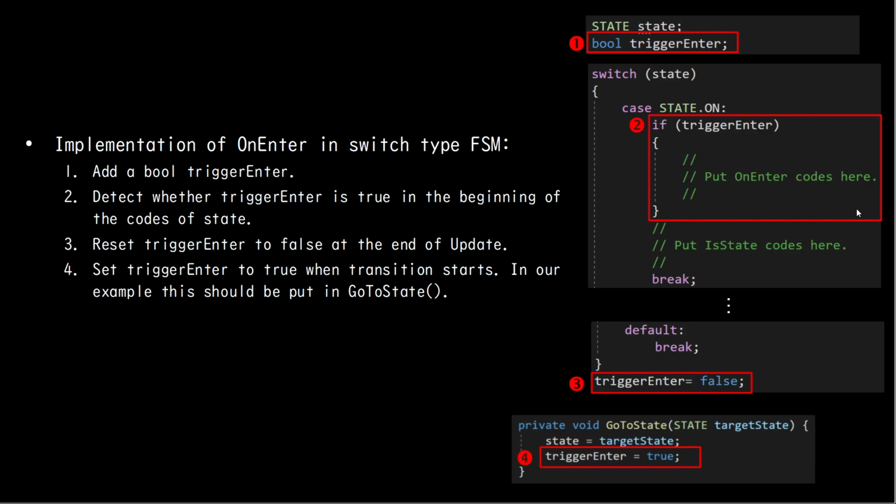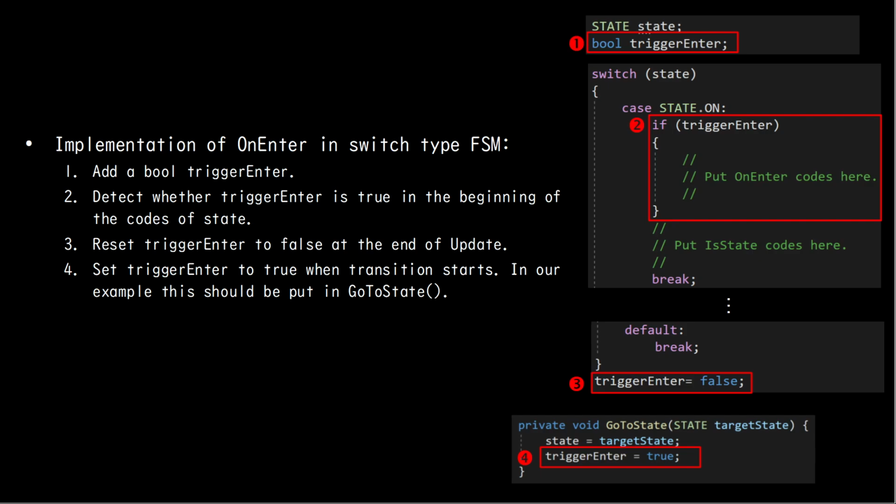Before we reorganize, before we refactor our program, we are going to make a new structure. It will be like this. The first thing is to declare a boolean, also called a bool, with the name trigger enter. We're going to use this boolean flag, F-L-A-G, flag. What is called a flag in software engineering? A flag is some kind of notifier, and typically it only has two states, 1 or 0.